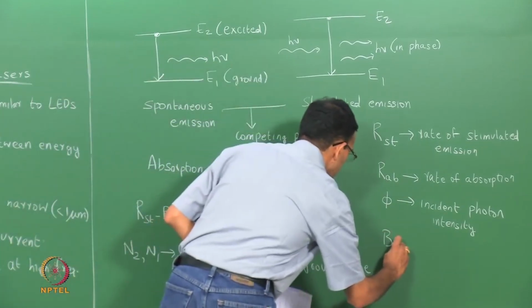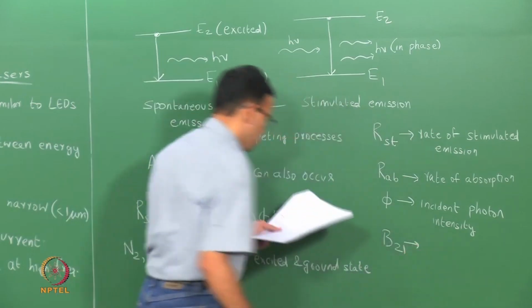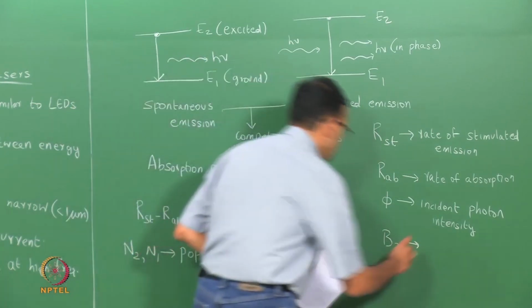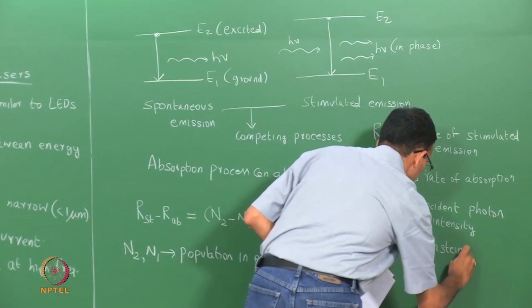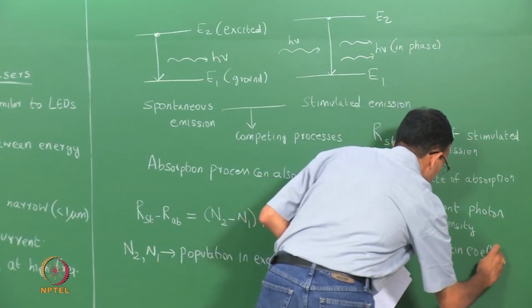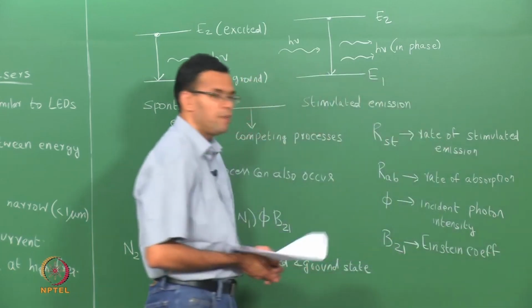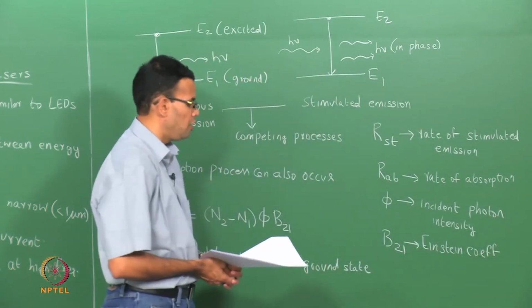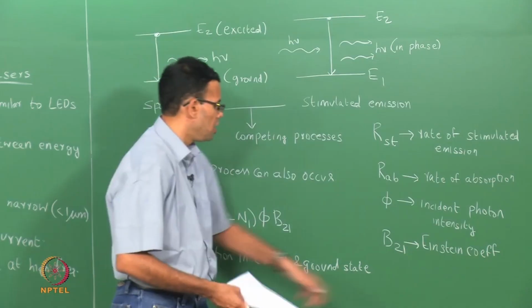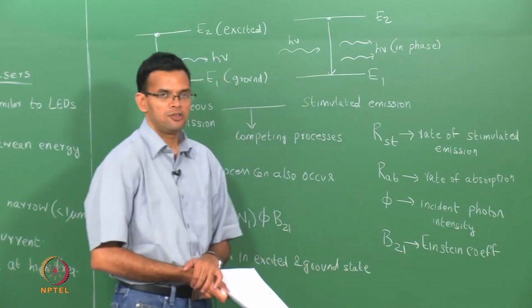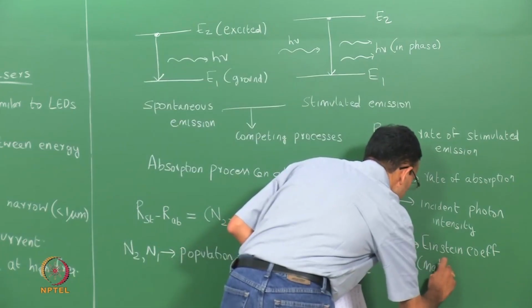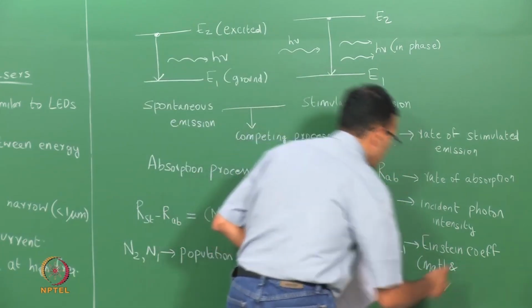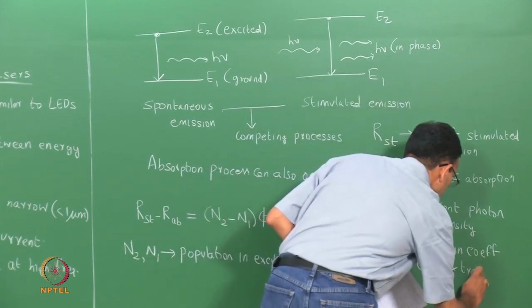B21 is called the Einstein coefficient. It depends upon the material and also upon the transition. So, it depends upon what the states 2 and 1 are. This is material and transition dependent.